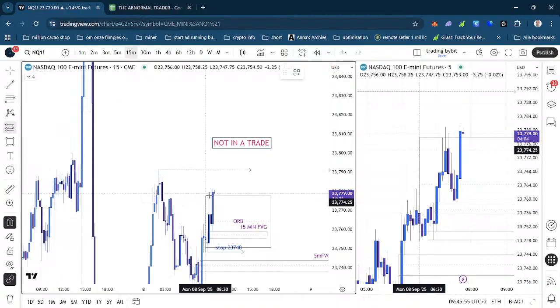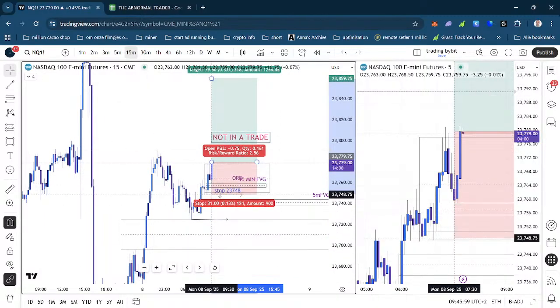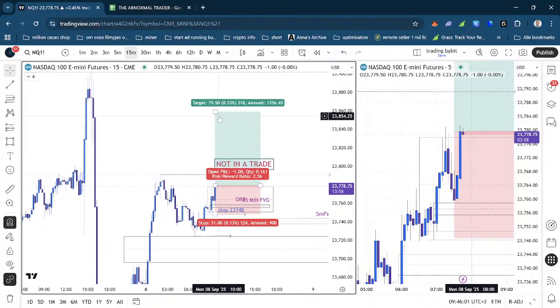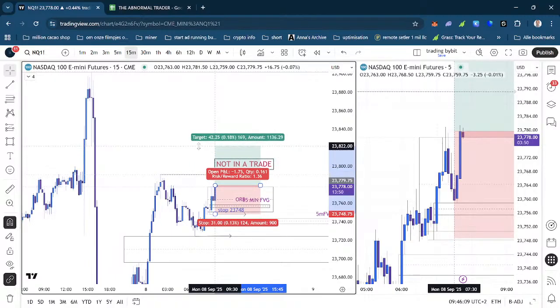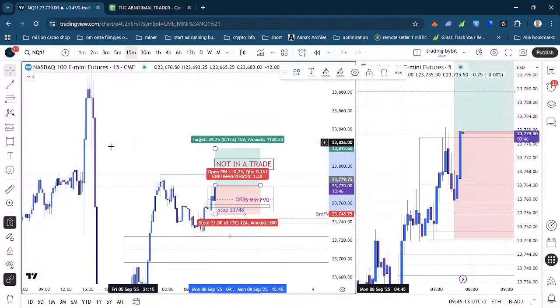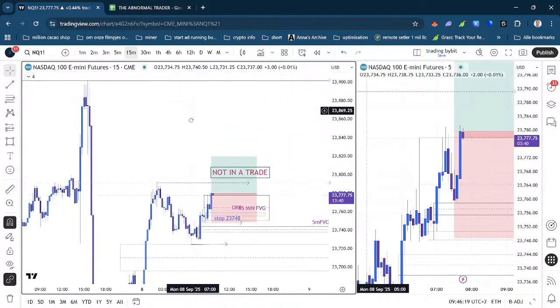First thing that we will take a look at is if this market continues higher, how it reacts on Asia high. So this is Asia high right here. I do want to see a continuation after we hit Asia high. So then first target would be 23,822, this area around, and then of course the high.